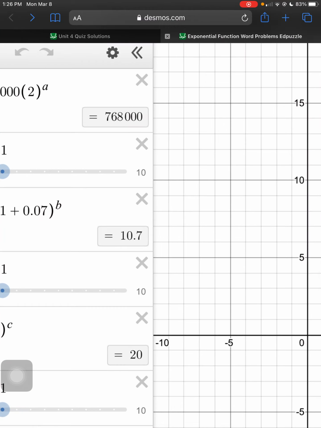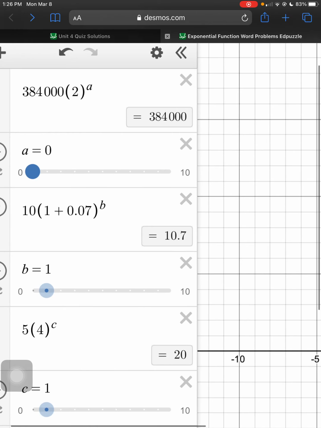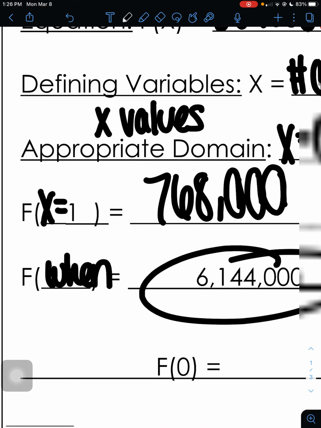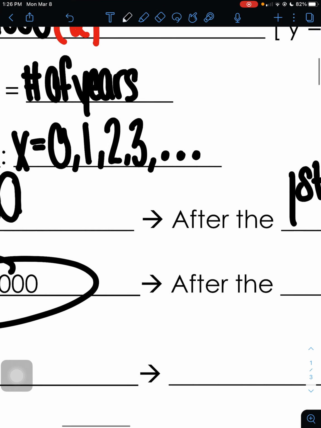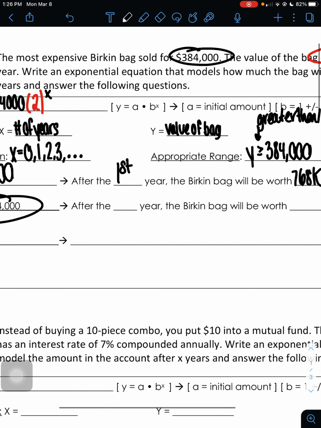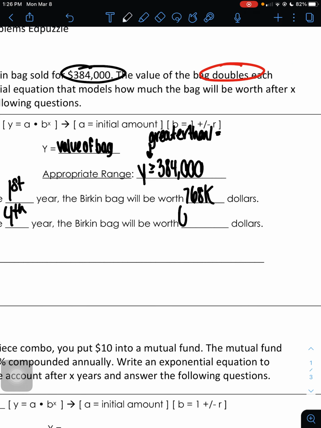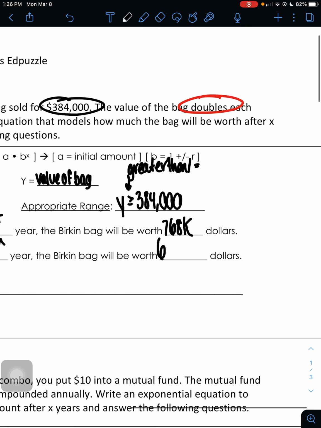So I'm going to come over here and use my slider and figure out when it is going to be equal to 6 million. And boom, it's right there in 4 years. So my exponent was 4, and remember that x represents the number of years. So just putting it all together, after the 4th year, the Birkin bag will be worth $6,144,000.